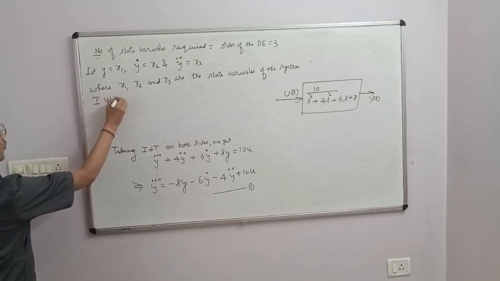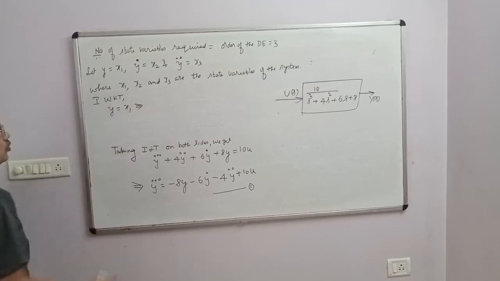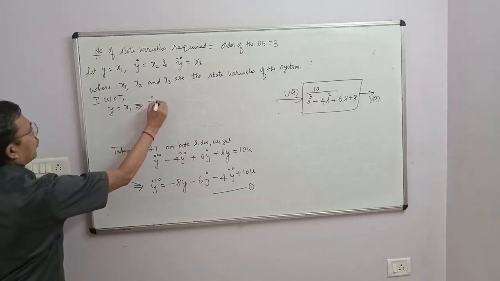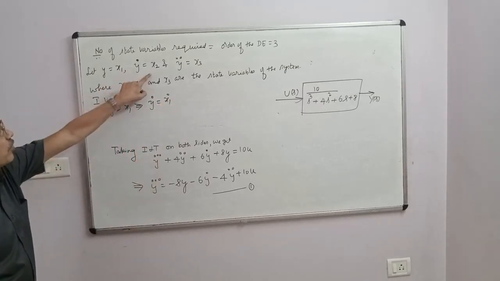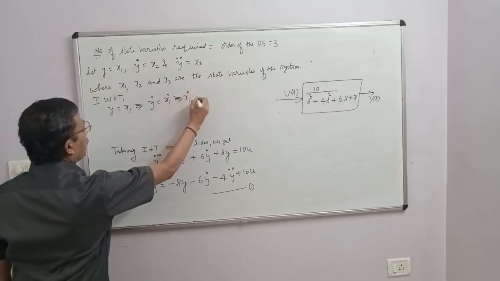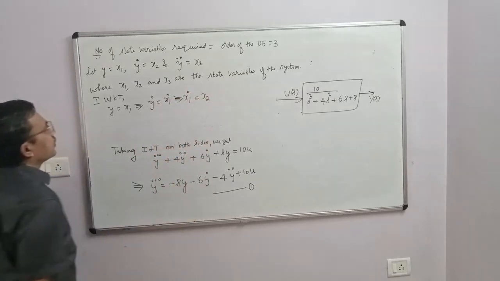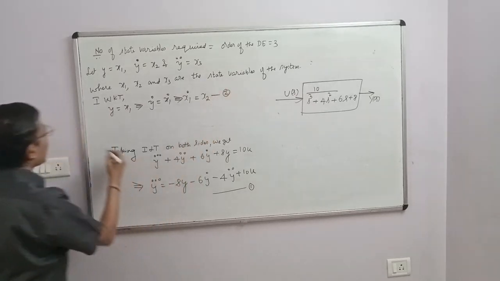Step 1. We know that y is equal to x1. Differentiate both sides with respect to t. So you get y dot is equal to x1 dot. What is y dot? Y dot is x2. So this implies x1 dot is equal to x2. This I call equation number 2.